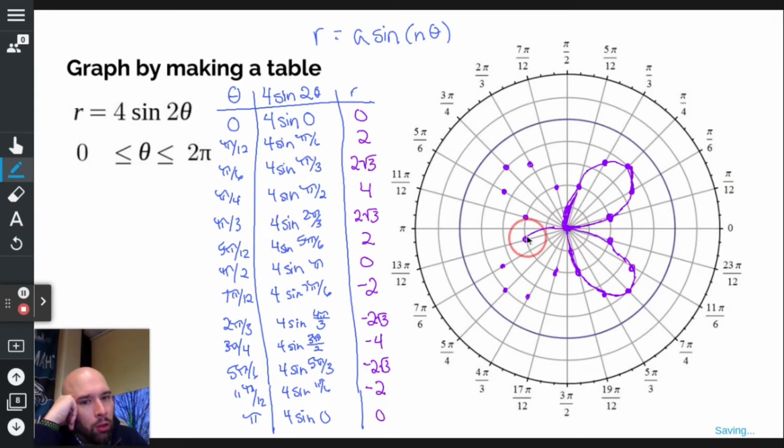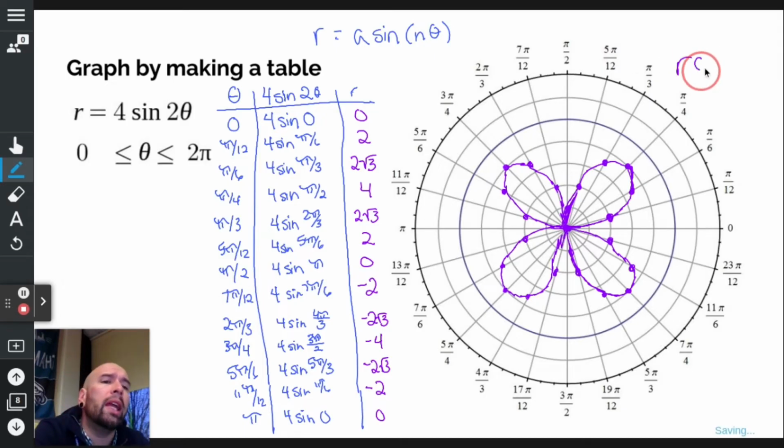And continue my path around here. And then continue my path around here. Now, that was the long way of doing this, and it took some time.